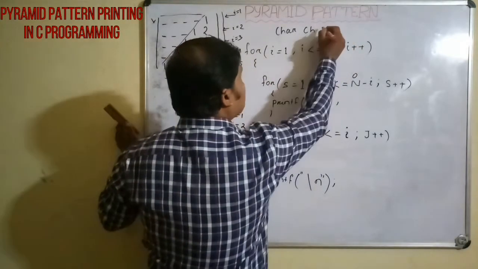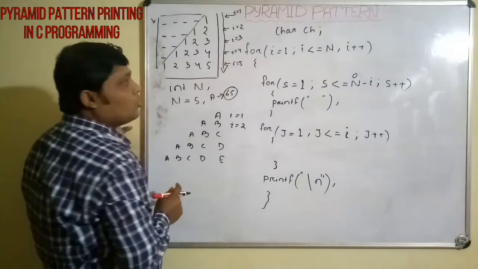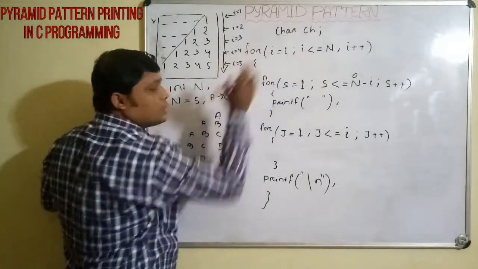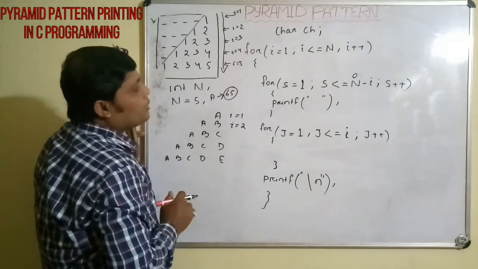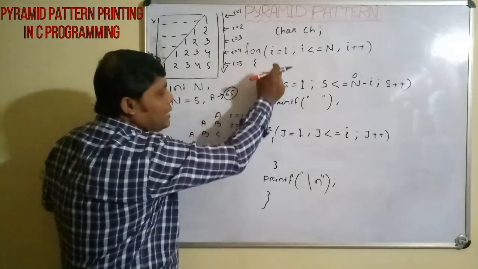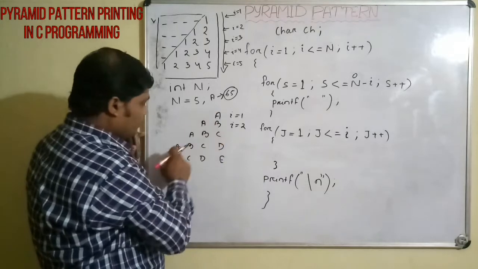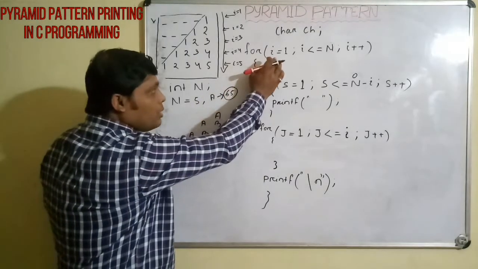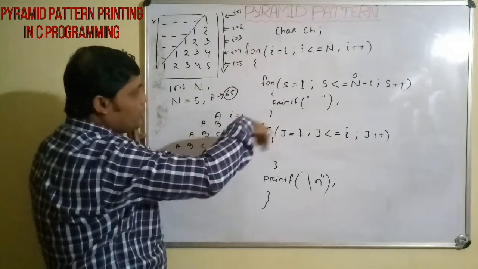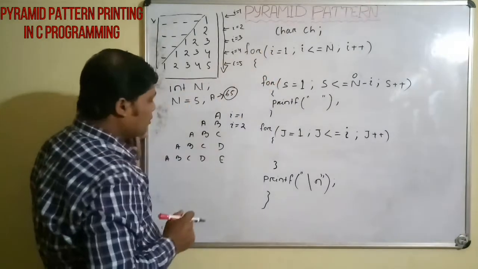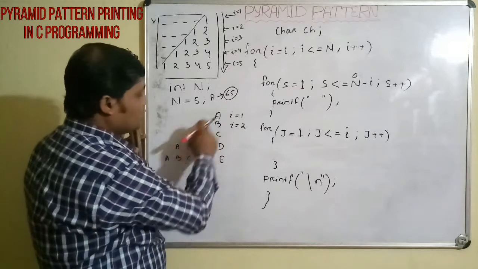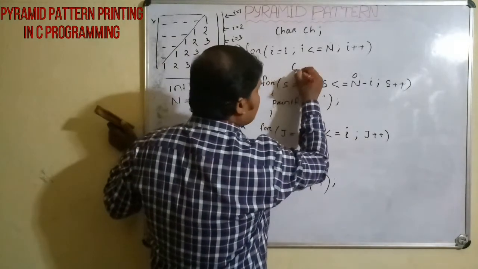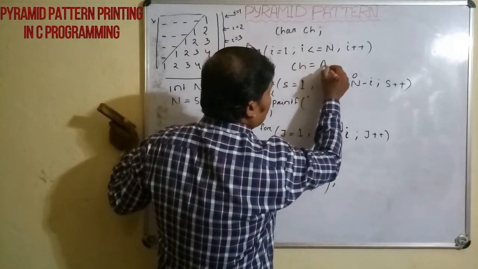Instead of writing above the loop ch equal to A, we declare only the variable ch above the loops. But inside the i loop, because the i loop is for the number of lines, we have to write what? ch equal to A. Each time ch starting from A.